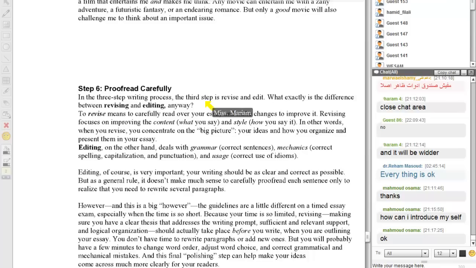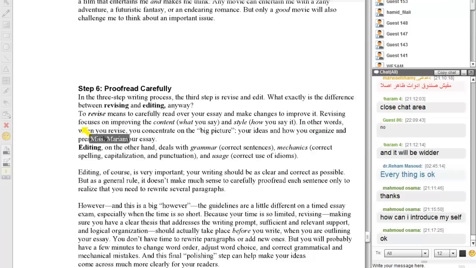So in the three steps writing process, the third step is revise and edit. What exactly is the difference between revising and editing anyway? To revise means to carefully read over your essay and make changes to improve it. Revising focuses on improving the content, what you say, and the style, how you say it: the structure, the vocabulary that you used, the sentence itself.